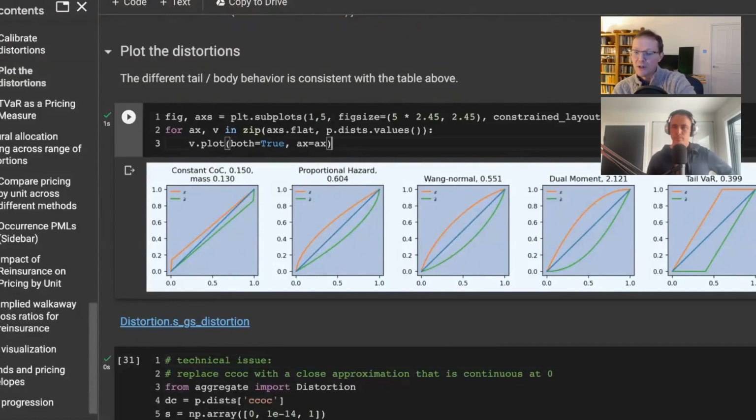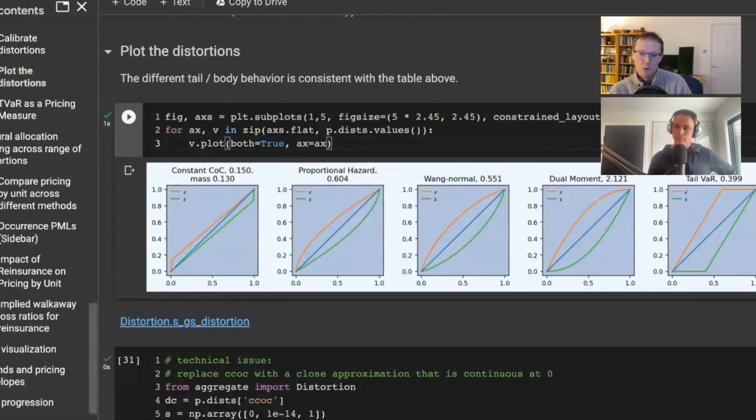Certainly the ones on the extreme left get dinged because all you care about is tail loss, and that's not how management thinks. So the ones to the right are more consistent with how management's thinking. Then there's various other things you can look at here in terms of implied minimum rates online, and when you adjust the probabilities, what's the ratio of the adjusted probability to the objective probability?